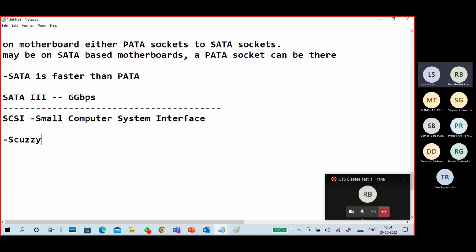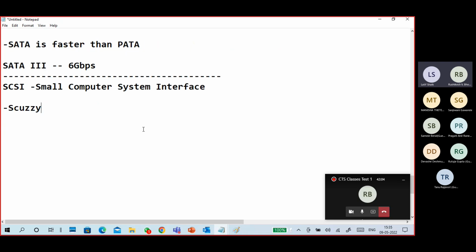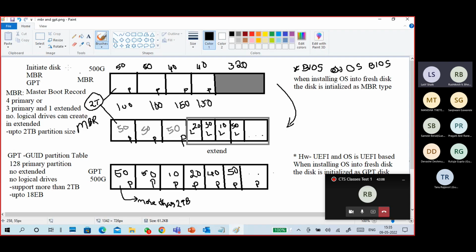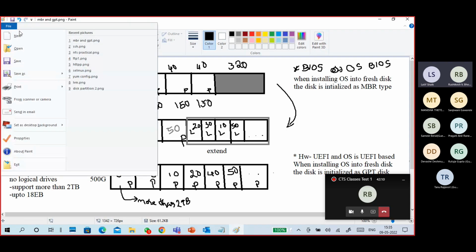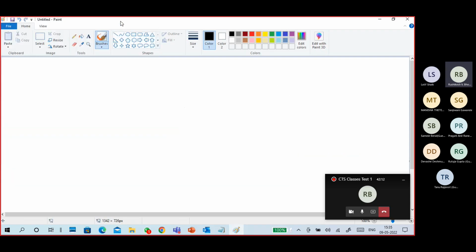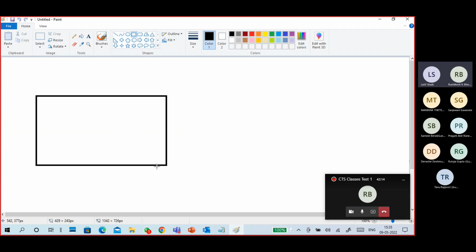The spelling is a little different. The straightforward name is SCSI, Small Computer System Interface. It addresses challenges of regular days, so we use motherboards which support server related needs.